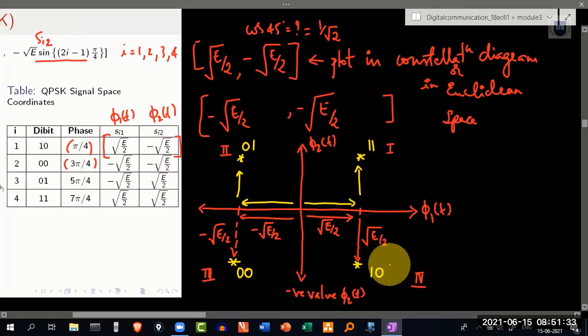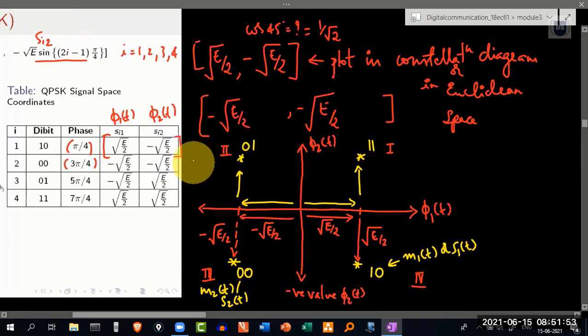So this point represents m1 or s1 of t, this represents m2 of t or s2 of t, this represents s3 of t or m3 of t, and this represents m4 of t or s4 of t. So on the whole, we have four message points plotted onto this diagram, and we call this diagram the constellation diagram.